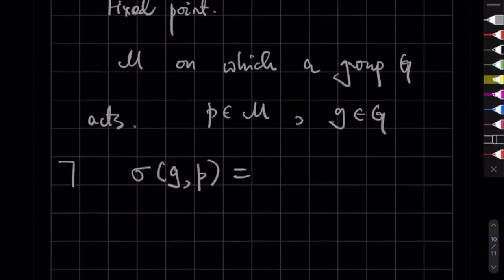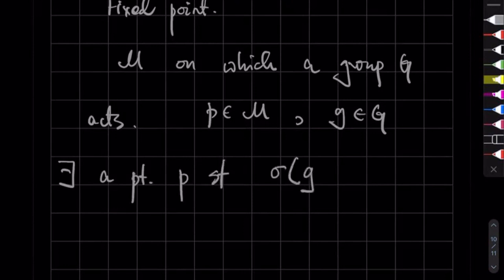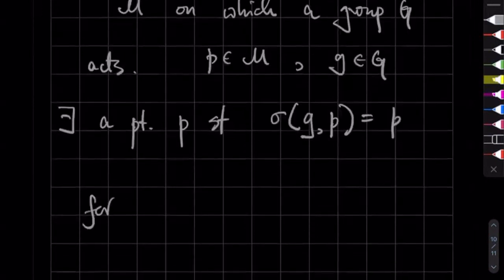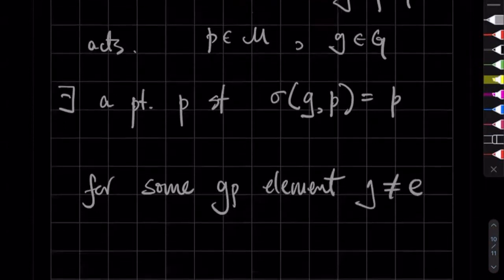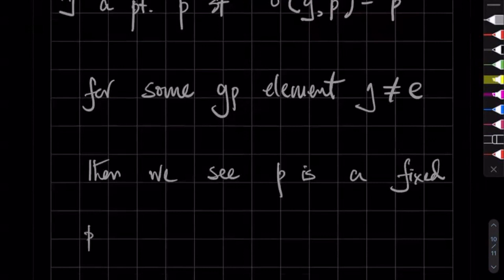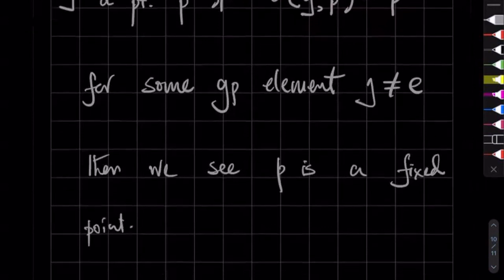If there exists a point P, it can be just one point, such that the action of some group element on that point P gives you back that point, for some group element G which is not equal to E, then we say P is a fixed point. Do you understand what a fixed point is, Farhan?